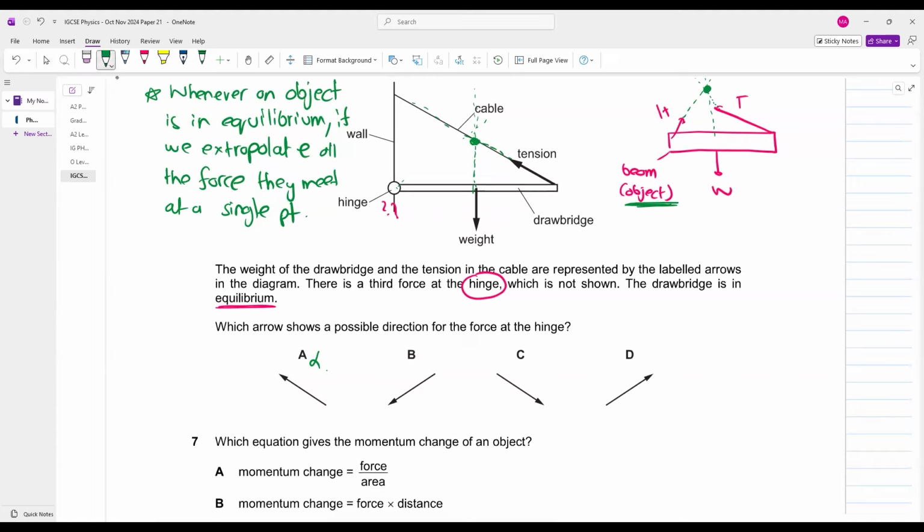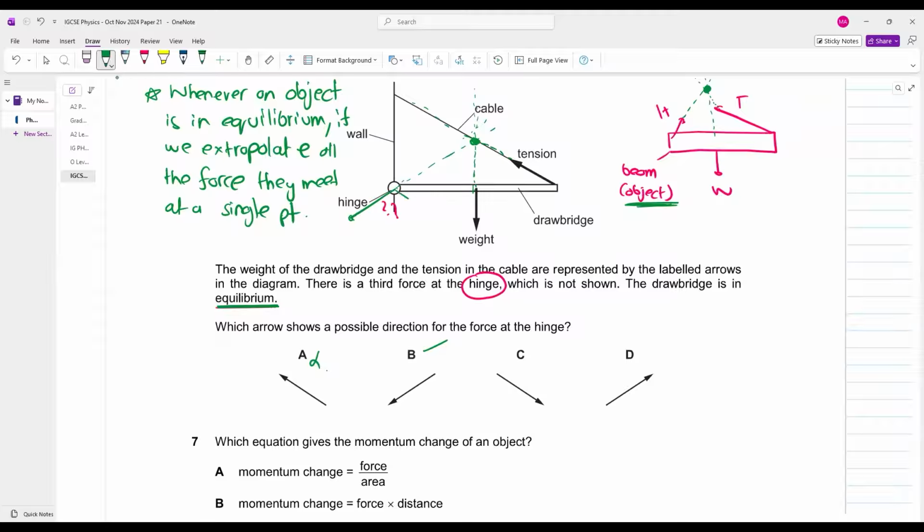We have to apply all the forces one by one and see which of them intersect with these two forces, because whenever an object is in equilibrium, all the forces if extrapolated meet at a single point. Let's try out option B. If option B is extrapolated, yeah, option B can be a possible answer.